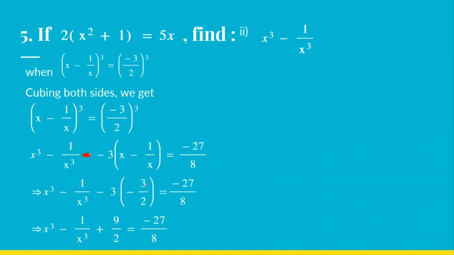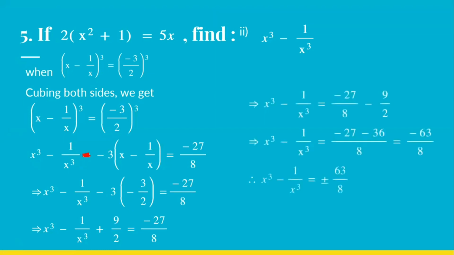So minus 3 into minus 3/2 is going to be plus 9/2. This plus 9/2 when it moves here becomes minus 9/2. So minus 27/8 minus 9/2. Again, the LCM is 8 here, so we multiply by 4: minus 27 minus 36 is minus 63/8.